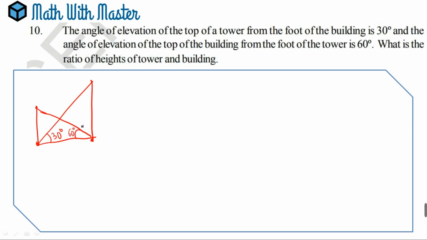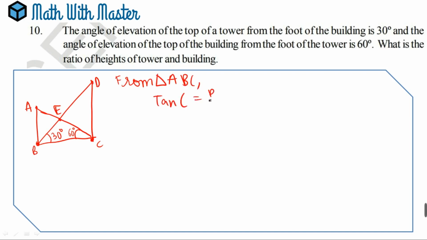So to find this, firstly we have to give names to the points. This is point A, this is point B, this is point C, this is point D, and this is point E. So from triangle ABC, what is tan C?